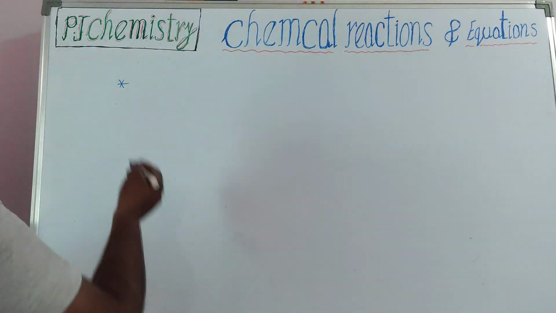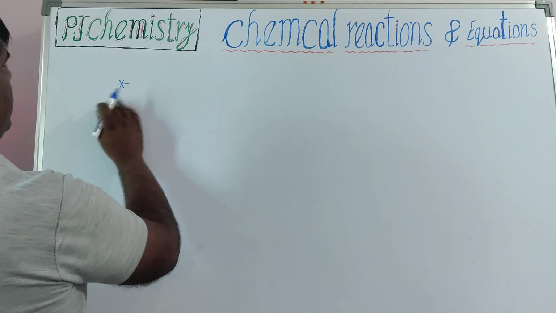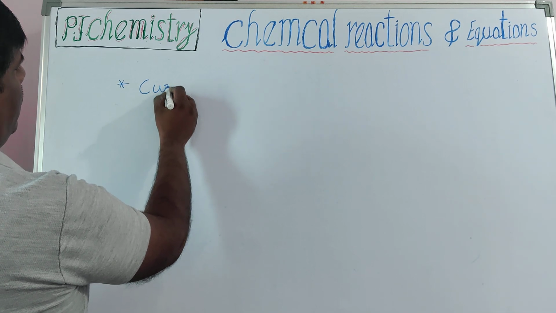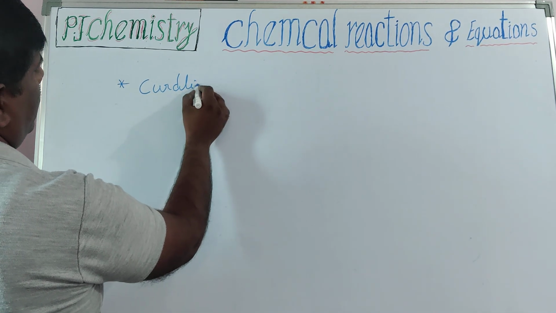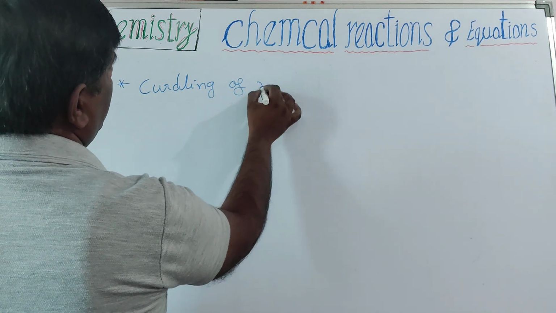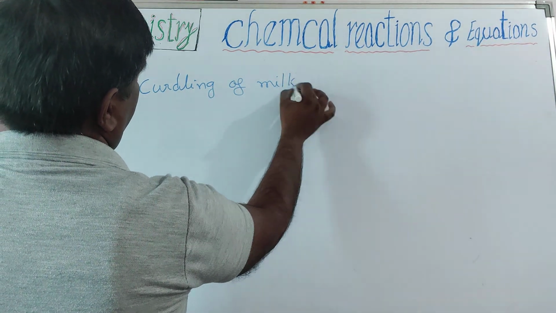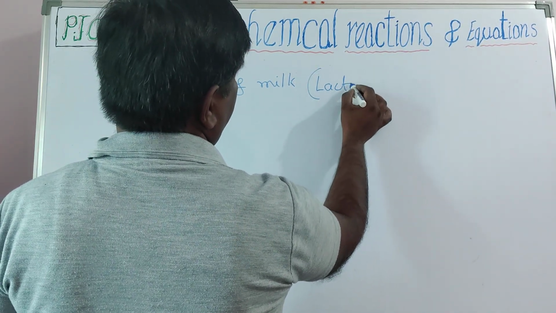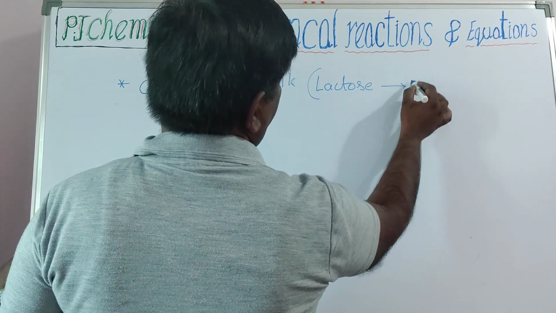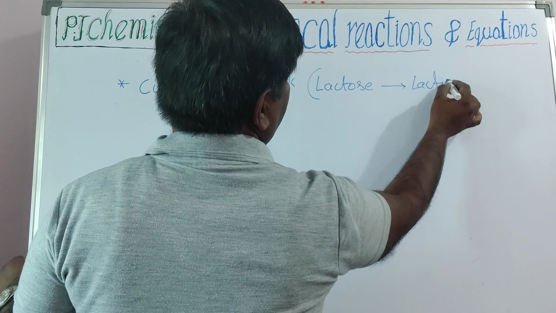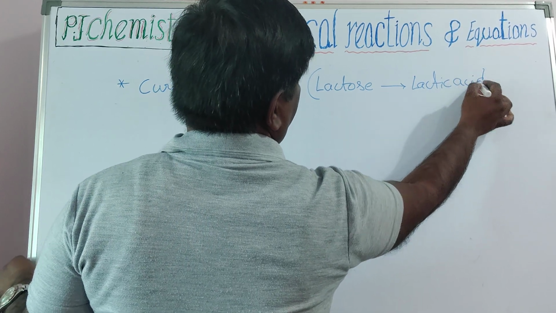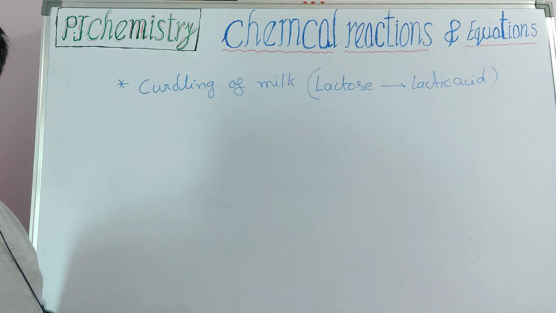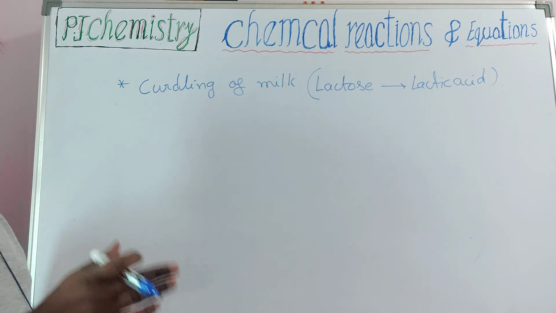Like that, examples of different reactions: curdling of milk, ripening of fruit, preparing food. These are part of chemical changes.